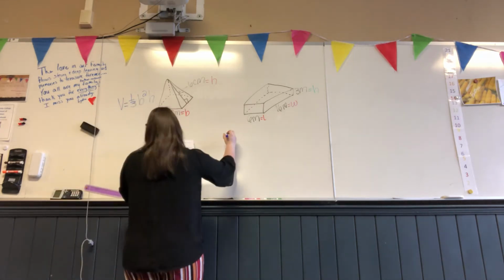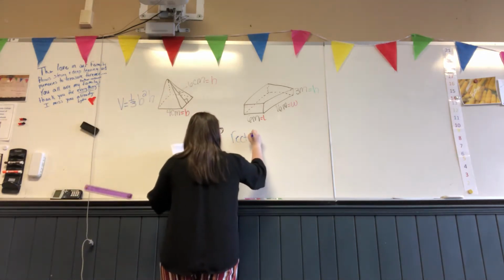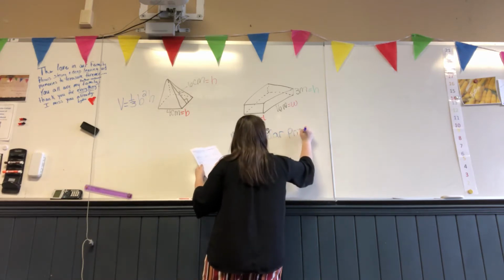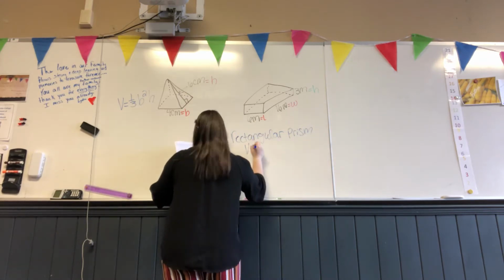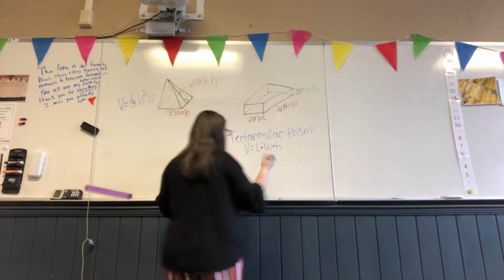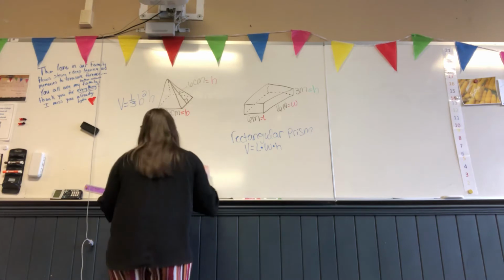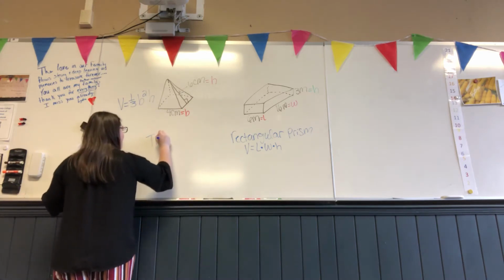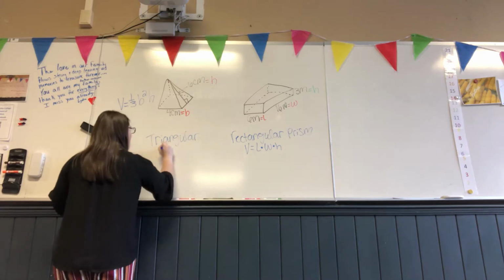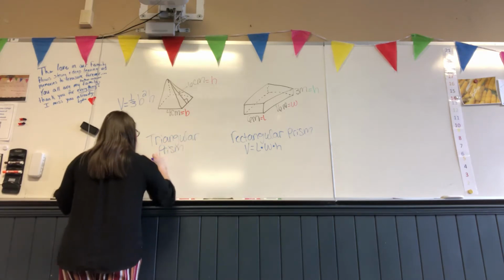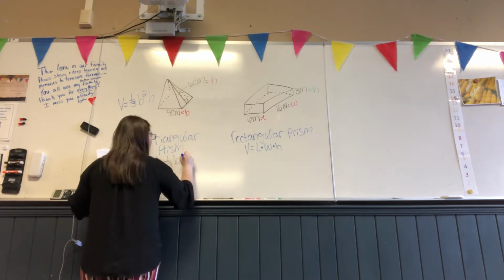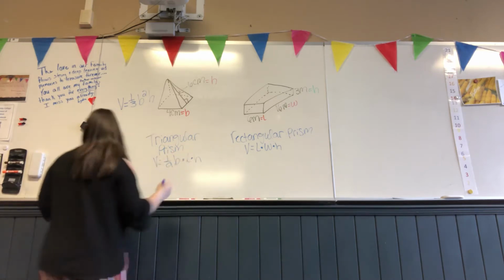For the rectangular prism, the volume is equal to length times width times the height. So that one's a pretty easy one. And then the triangular prism, the volume is equal to 1/2 base times the length times the height.